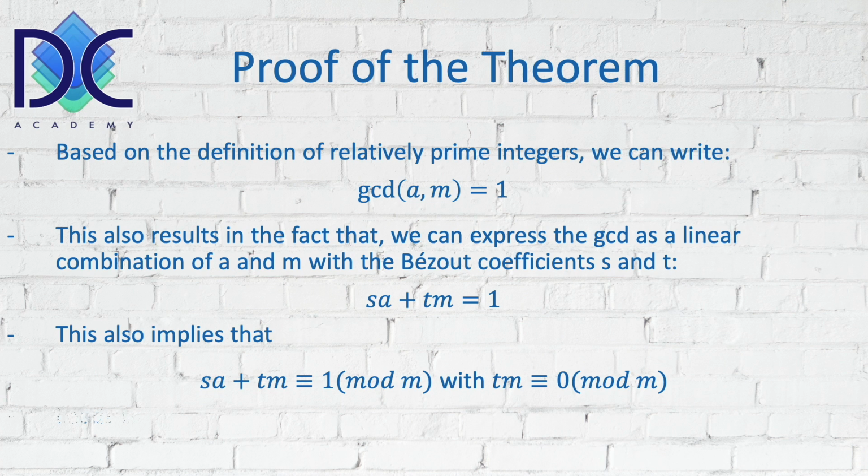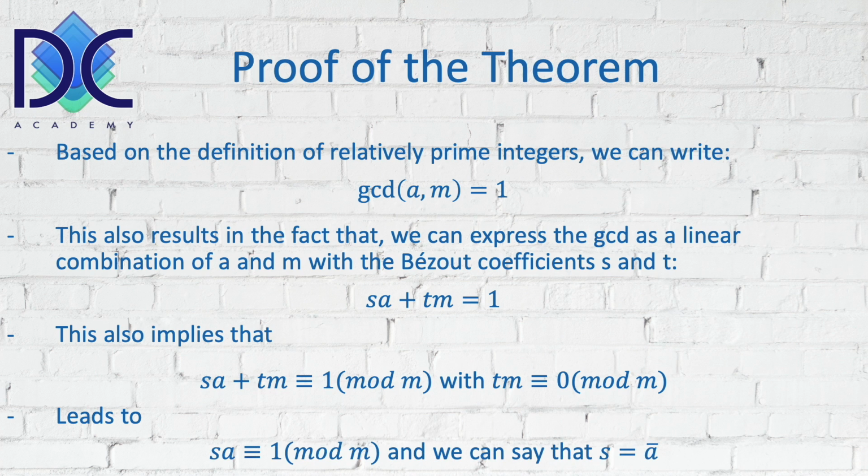So sa is congruent with 1 modulo m, and then s is the inverse ā of a. Based on this, we can define how to find the inverse of a, and that's also the proof of the theorem.